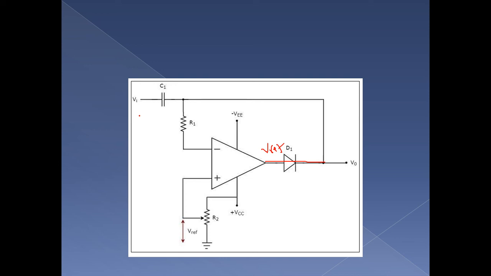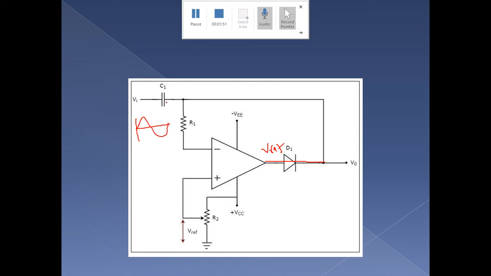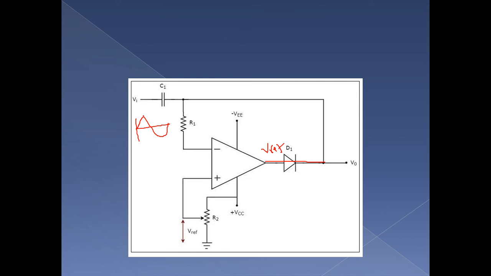Next, assume I am giving the input signal Vi to the circuit, from plus 3 volt to minus 3 volt. I am considering 3 volt. Assume the negative portion is appearing at the inverting terminal.